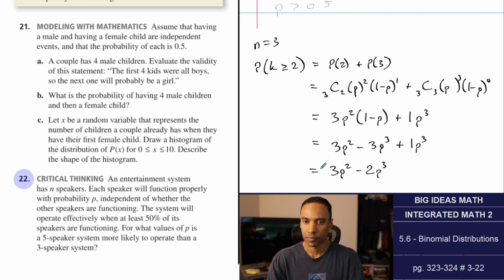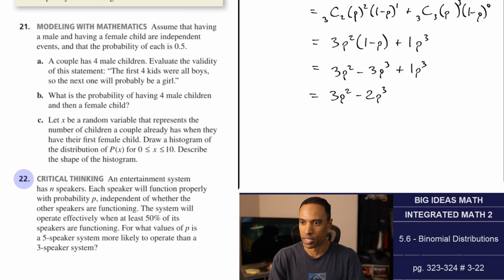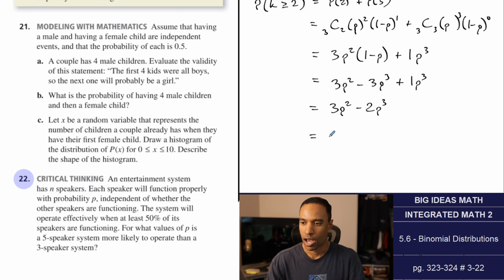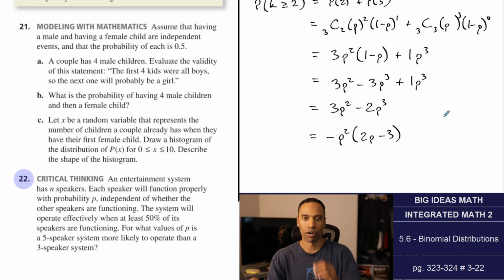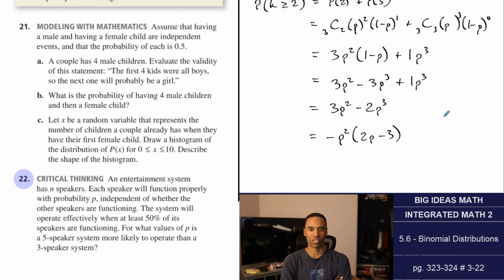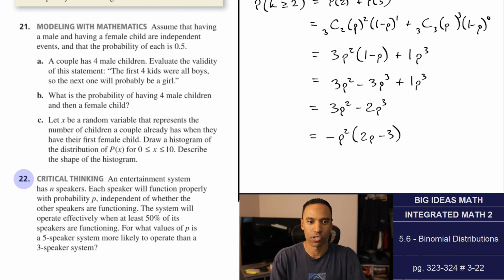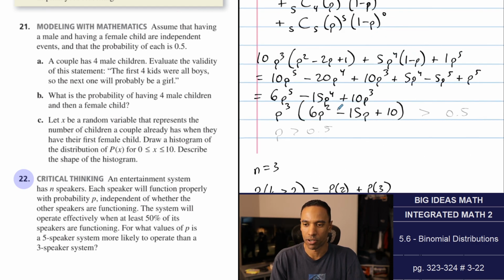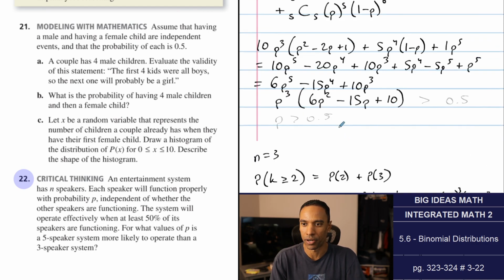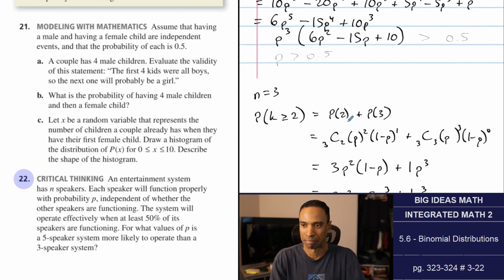If I want to deal with this in other terms, negative p squared can factor out, and I'm left with 2p minus 3 inside. I don't know if it's worth having one versus the other, but I'm going to first compare these in a table, and then see if there's another way. Maybe I can put them together.